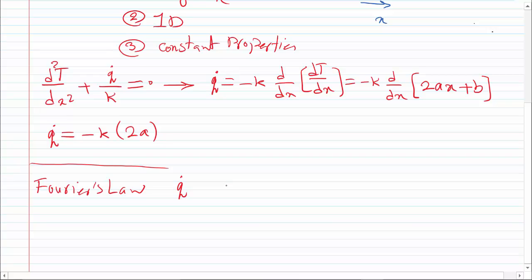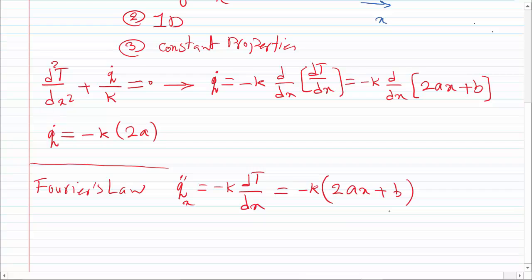It's going to be q double prime x equals minus k dT/dx. Again, I have the function, so minus k times 2ax plus b.